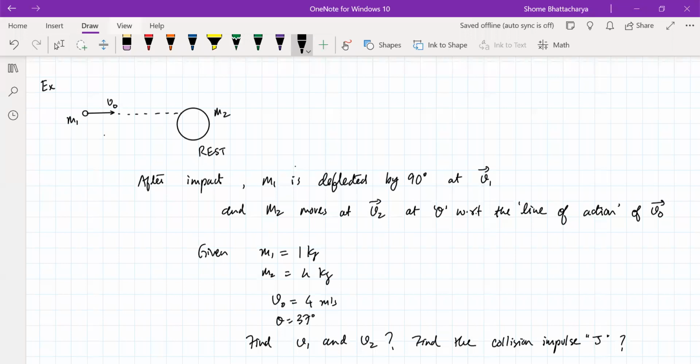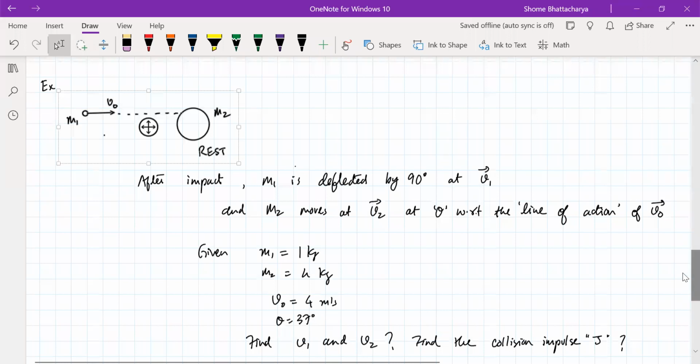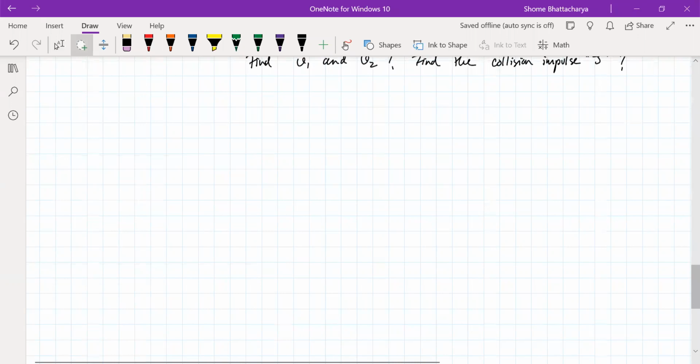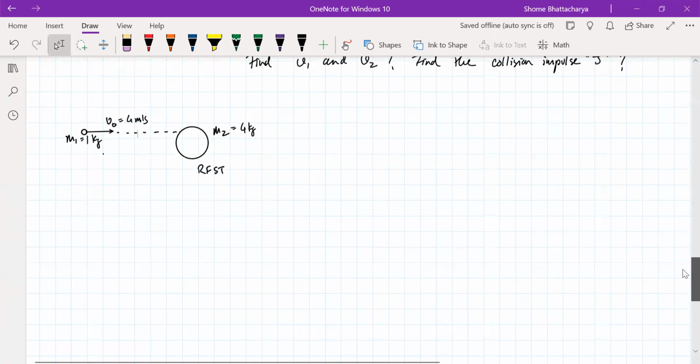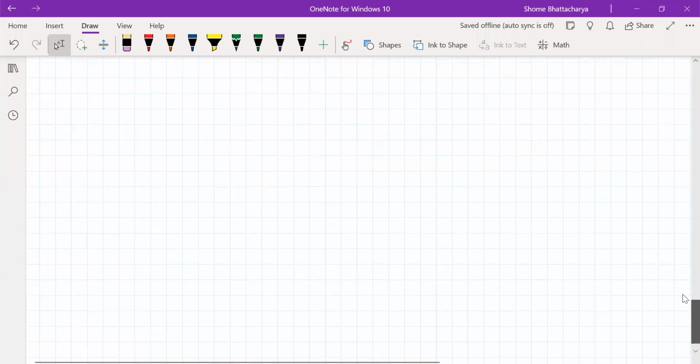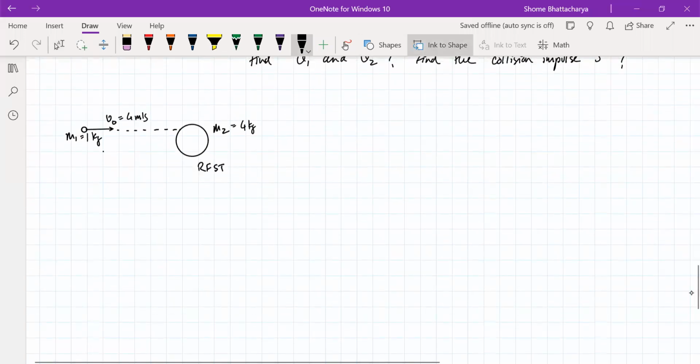Okay, so I'm just setting up the diagram. Now let's put all the information that is given. Right. Now what happens is after impact, so immediately after impact, this is what we are observing.